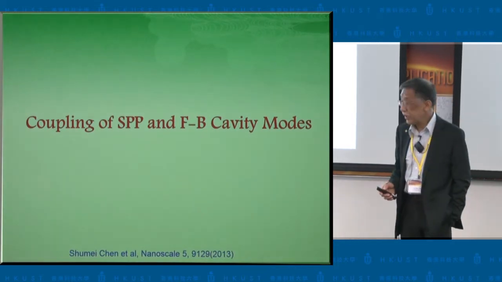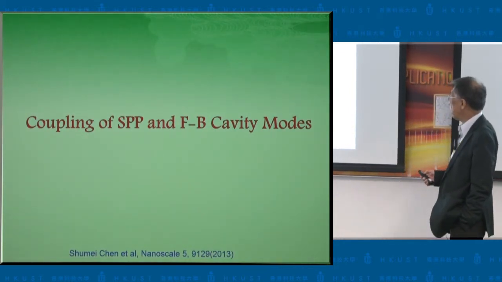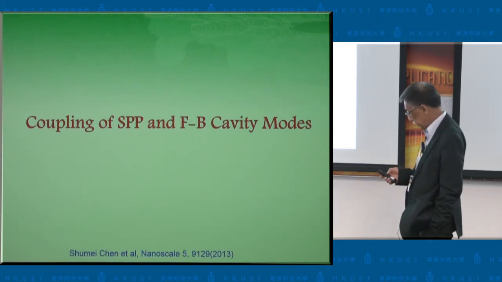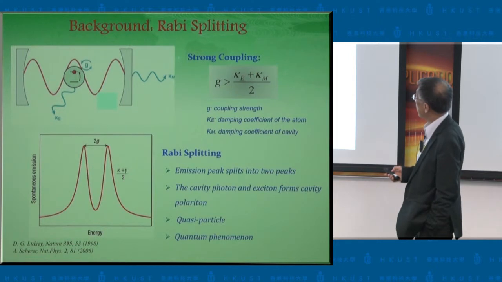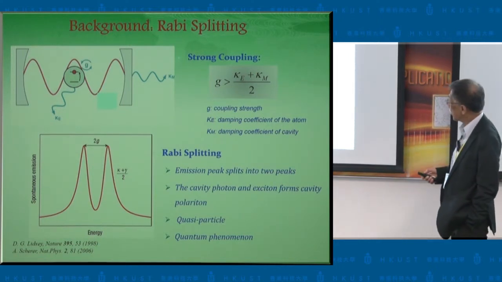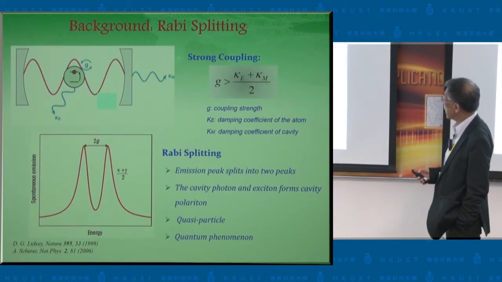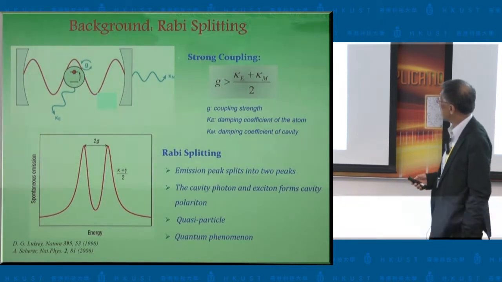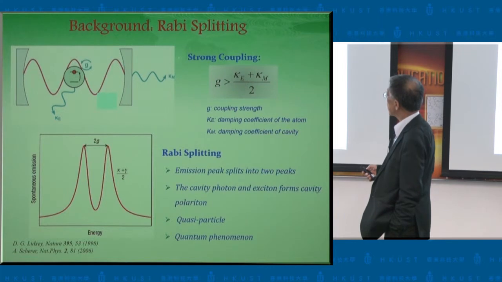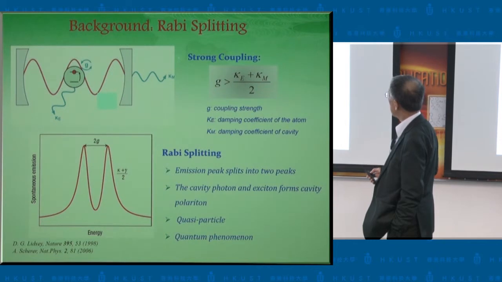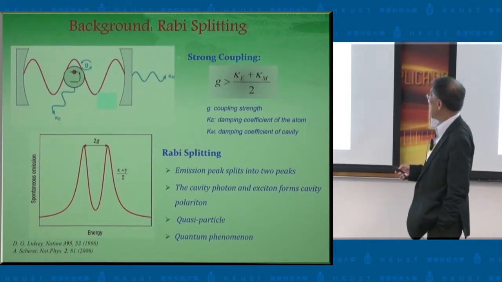Now, one of the works we've been working on is to couple the SPP with Fabry-Perot cavity modes. On the background of Rabi splitting, let me briefly discuss it. Here you have a microcavity coupled to a particle with very strong coupling, where g is the coupling strength, and you have both the damping coefficient of the atom and the damping coefficient of the cavity.